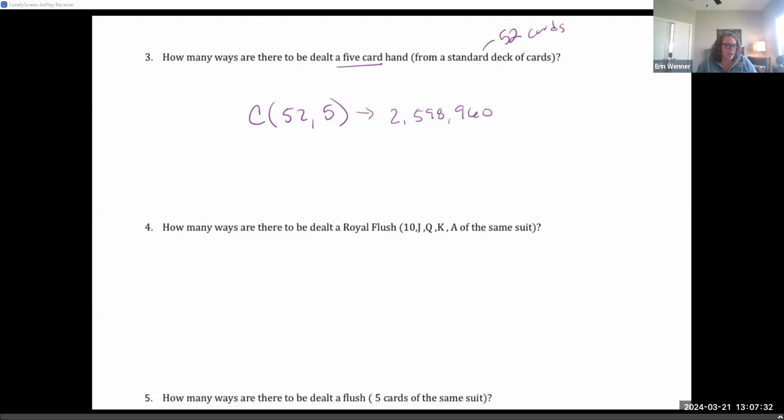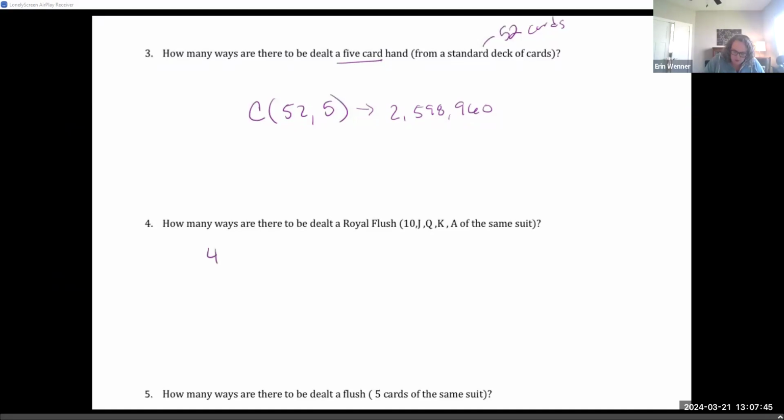If we think about how we want to calculate this, we want to think about what is specific about cards. We know that there are 4 suits, and we want to get all 5 of these numbers. We want 5 specific cards.